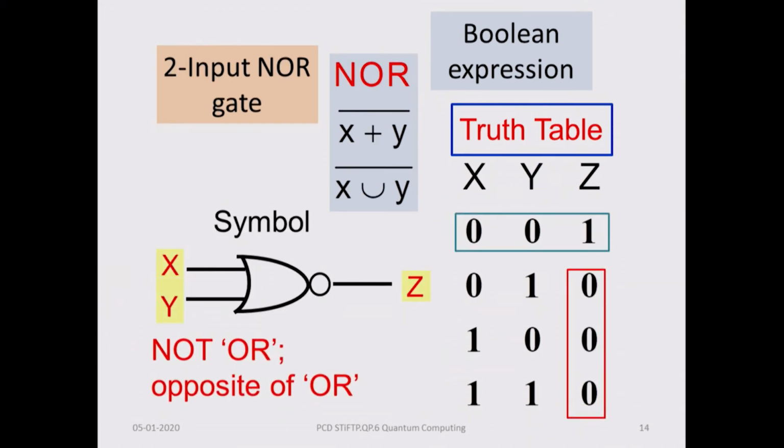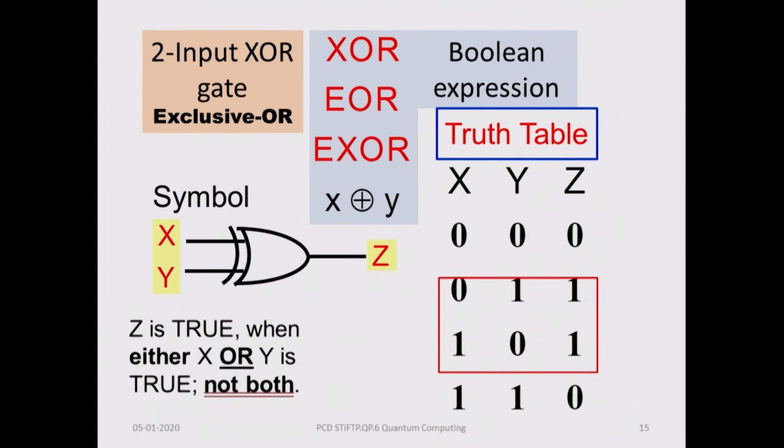Then you have got the NOR gate, which is the opposite of OR. So, notice that when either or both the inputs are on, the output is off, and the only time it is on or with a truth value 1 is when both the inputs are off. So, this is the NOR gate.